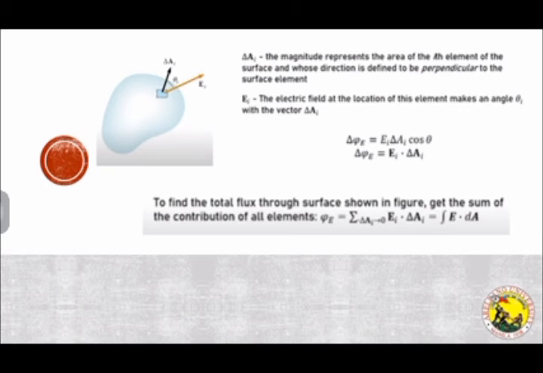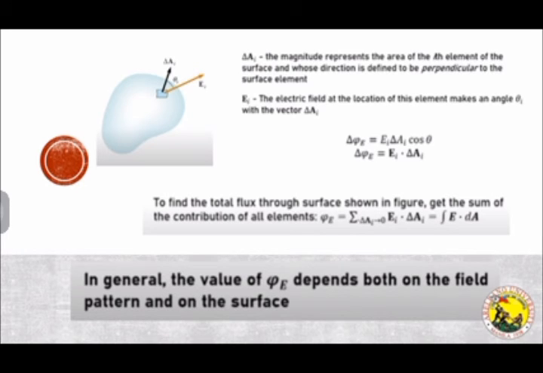In this equation, the integral is a surface integral, which means it must be evaluated over the surface in question. So, in general, the value of electric flux depends both on the field pattern and on the surface.